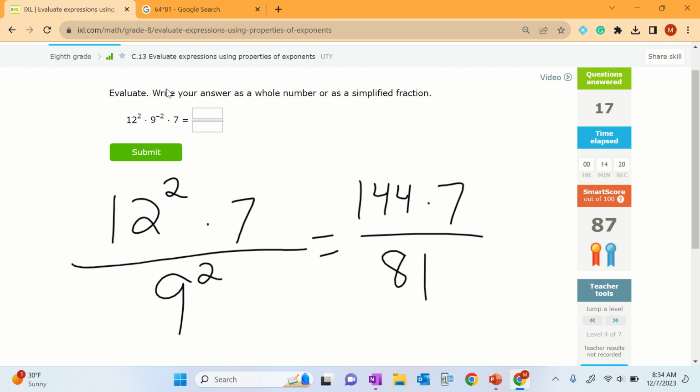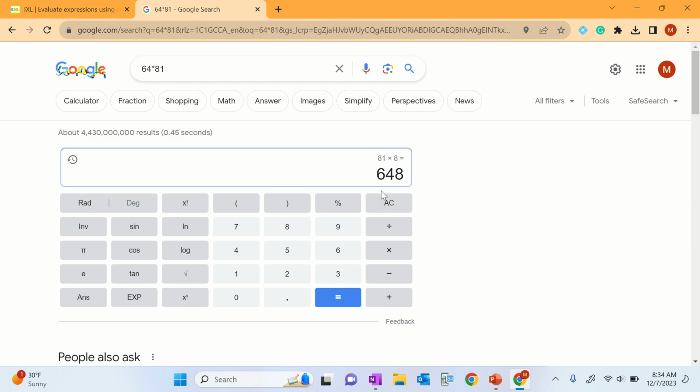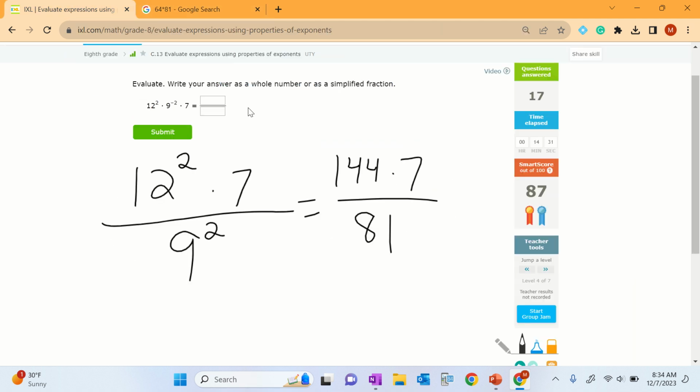Okay, so 144 multiplied by 7 equals 1008. 1008 over 81. So now I know I can divide 81 by 9, right? Because 8 plus 1 is 9.